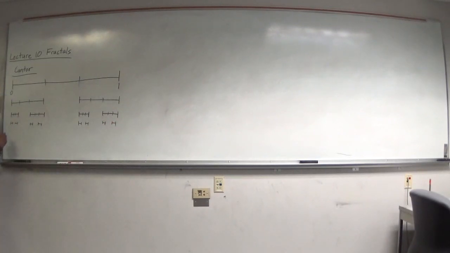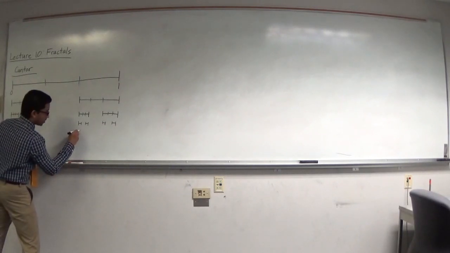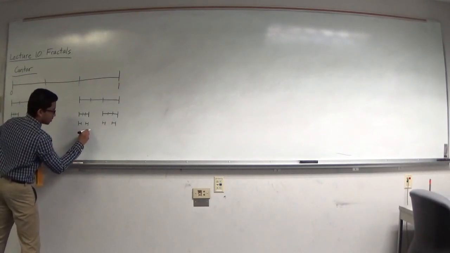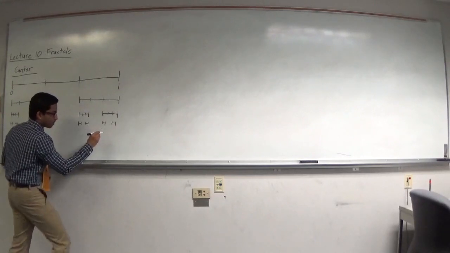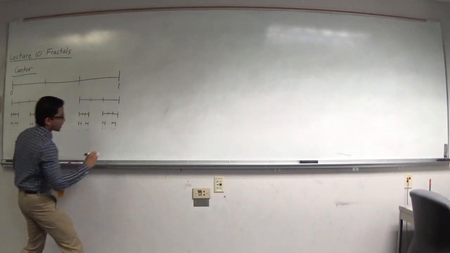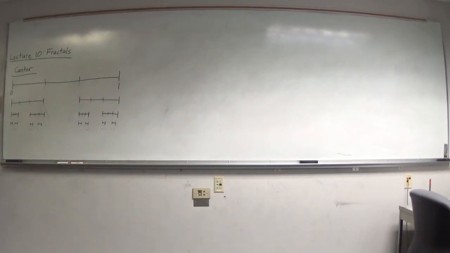And then you do the same thing, so then you get this. So instead of drawing it like that, let me just draw it like this. So you get that. So you get something like that. So that's what the Cantor set looks like.